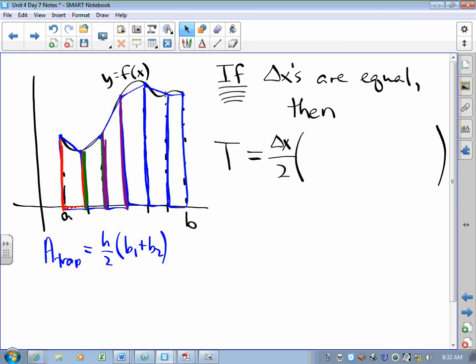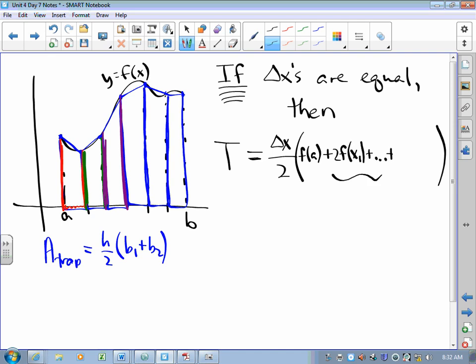And so what ends up happening? You get f of a plus 2f of x1 plus, and then everybody in the middle gets doubled until the very end, and we've got f of b at the very end.